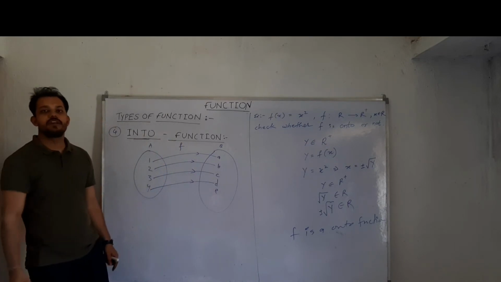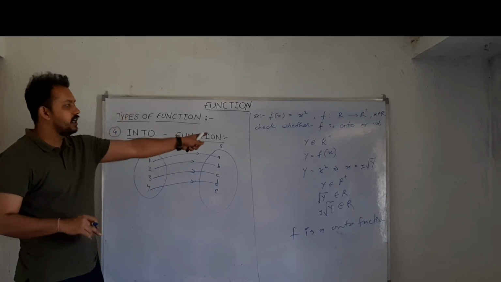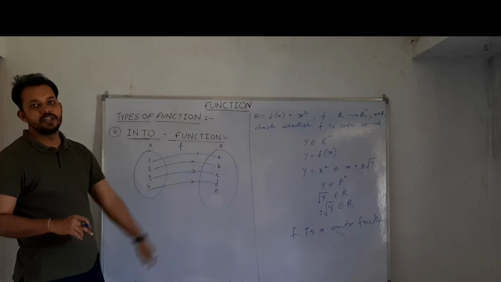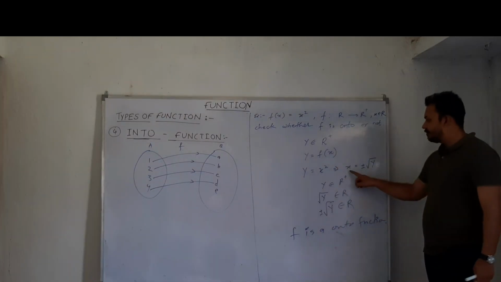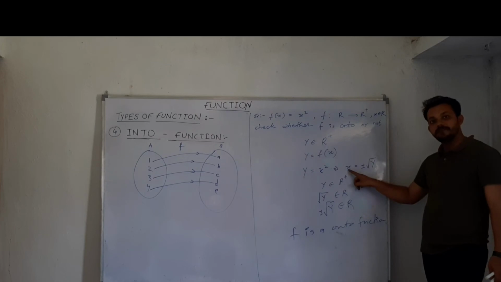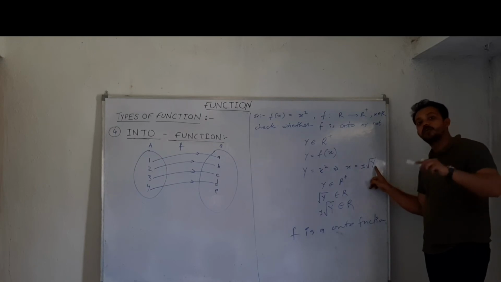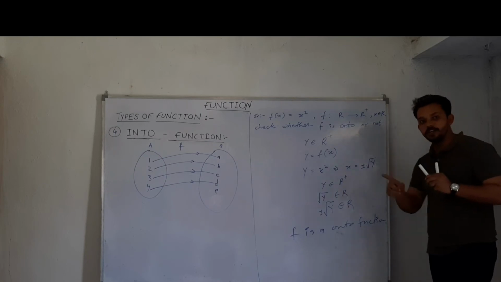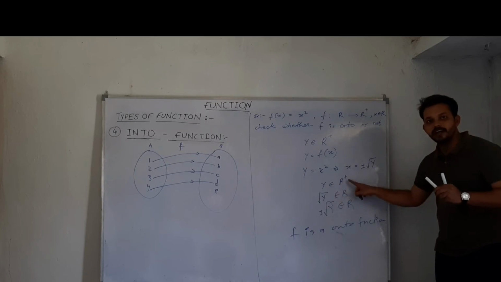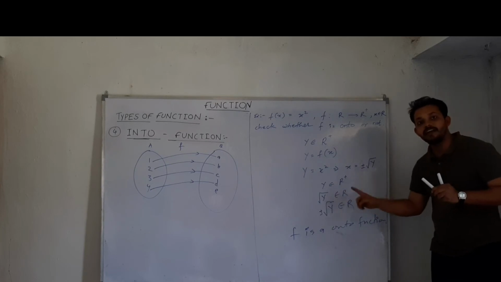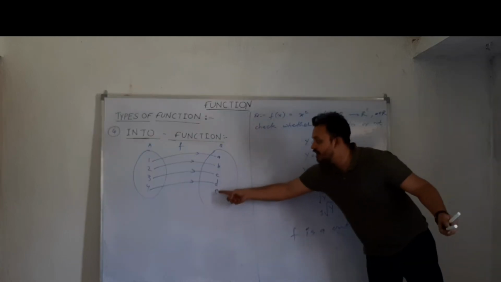And an into function can also be checked by the same rule we learned for onto function. Like we proved for an onto function, x is defined for every value of y from the codomain. But in an into function, for some values of the codomain we do not get x, because they are not the image of any value of x.